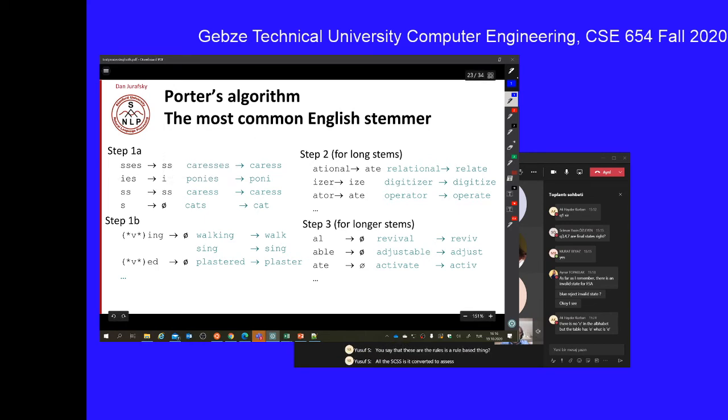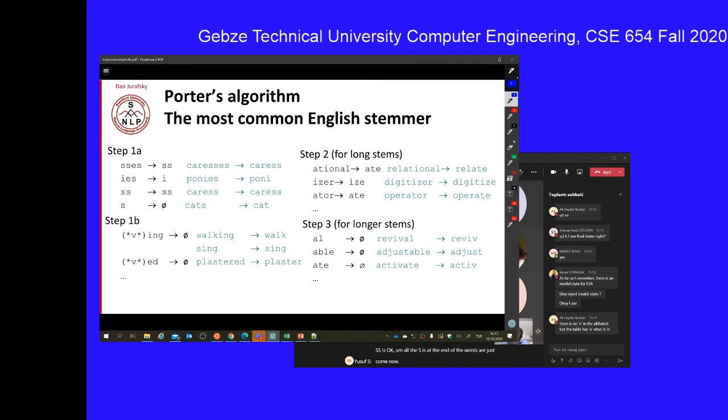So "caresses" becomes "caress." All the "ies" at the end of the words become "i." "Ponies" becomes "poni." All the "ss" at the end of words stay "ss." And all the "s" at the end of the words are just gone.